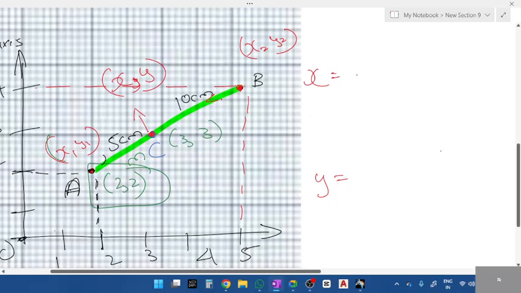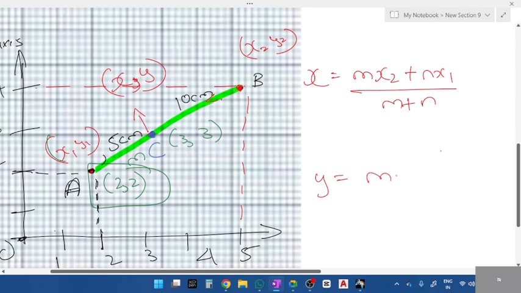So for X, the formula is M into X2 plus N into X1, divided by M plus N. Then for Y, what would the formula be, students?